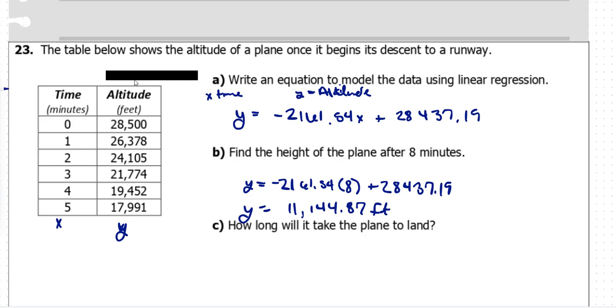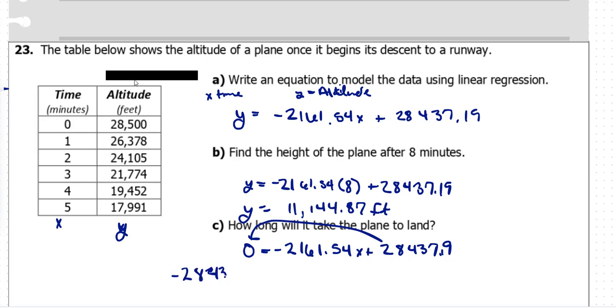How long would it take to land? At landing, our altitude will be 0. So negative 2161.54x plus 28,437.19 equals 0. I need to move this over to the other side, so negative 28,437.19 is equal to negative 2161.54x.